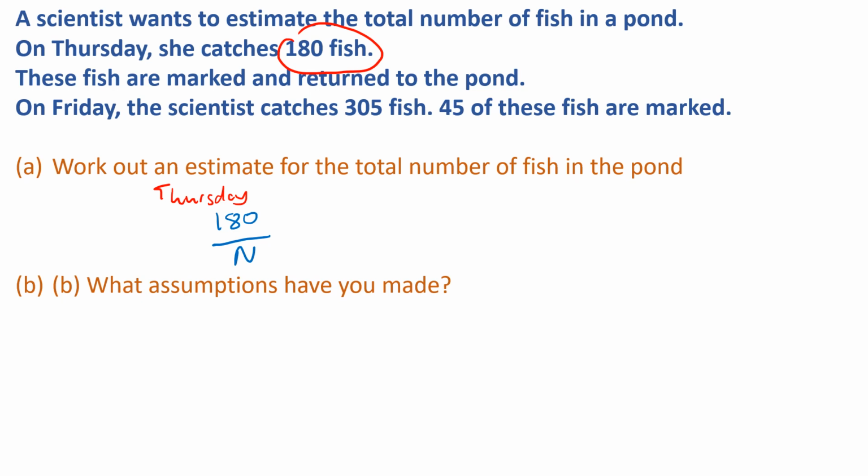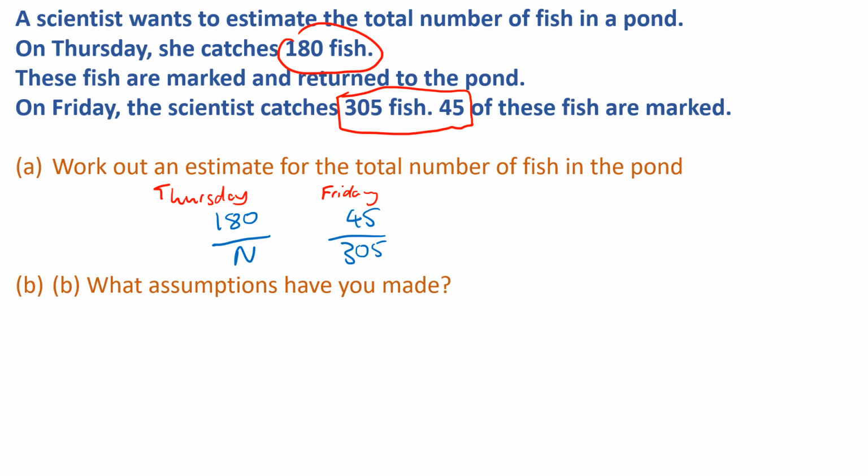On Friday, all of the fish have swum around, and she comes back and catches another lot. She catches 305, and 45 of those are marked. So 45 out of the 305 fish that she catches on Friday are marked. Okay, so that's that bit of information.